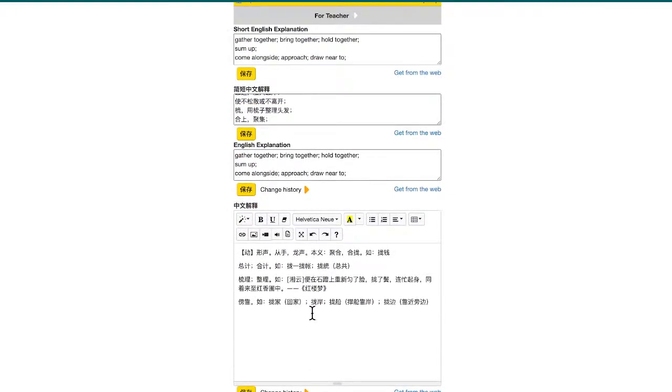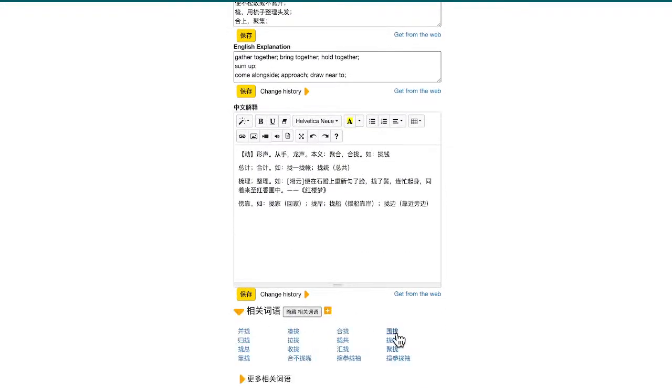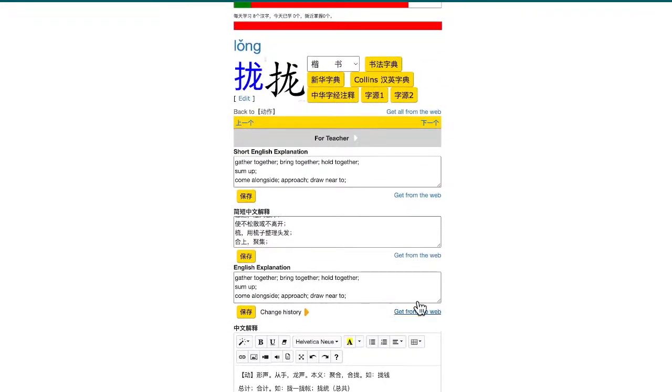For example, 拢岸 means you get the boat close to the shore. 拢边 means you get close to the edge. And 拢一拢账 means your accounting book: you need to calculate and make the sum. So basically this 拢 is collecting, getting together.